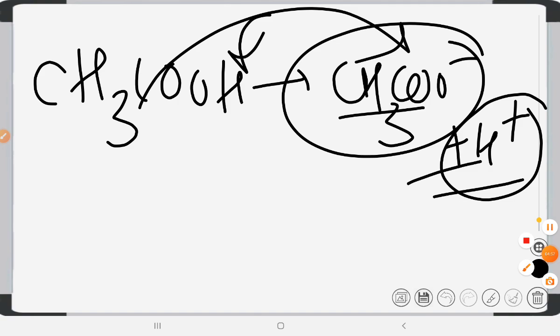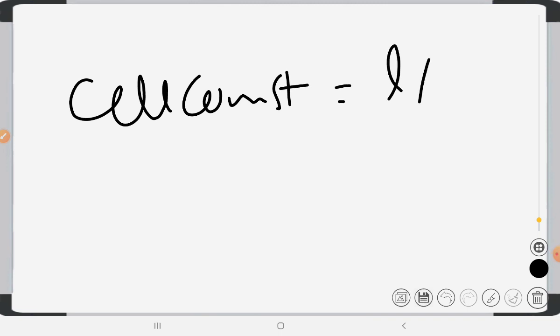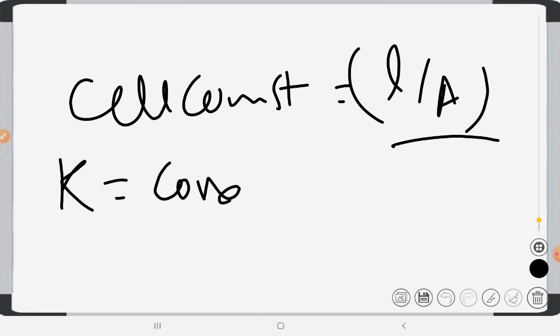So if there is a confusion in cell constant, then cell constant is equal to L by A and not A by L, right? It is equal to L by A. And if you want to find out conductivity, kappa is equal to, now conductivity, what are we finding out?